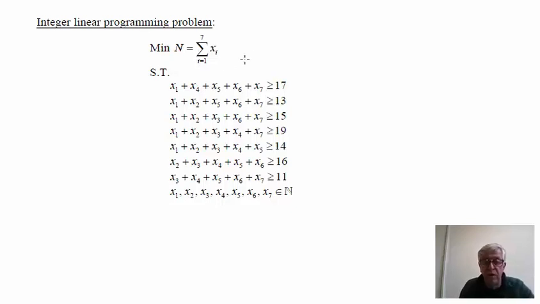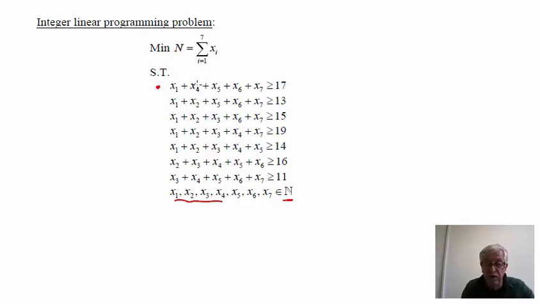So putting all together, we have our linear programming problem, which is an integer linear programming problem. It is an integer linear programming problem because the variables involved must be integer. So the objective function is the number of people working in the team, and the restrictions ensure that in each day of the week we have enough people to work according to the requirements.